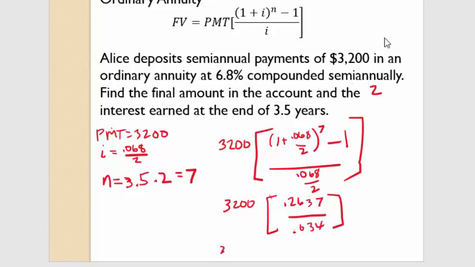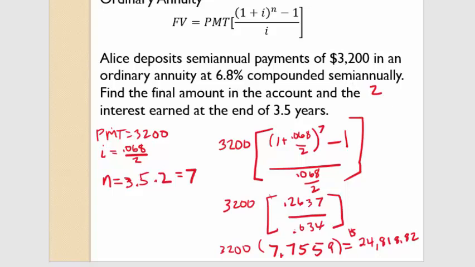In the denominator I have 0.068 divided by 2, which is 0.034. So lastly I have 3,200 times 0.2637 divided by 0.034, which is 7.7559. And that gives me a total of $24,818.82.